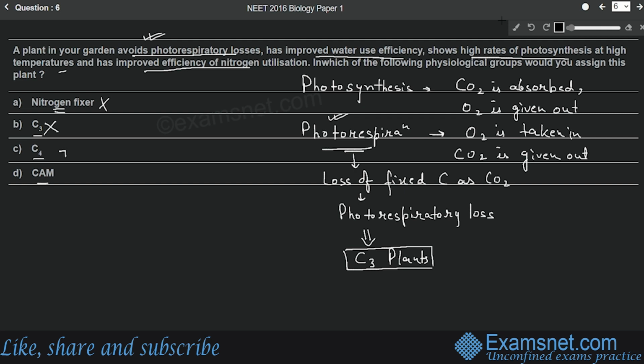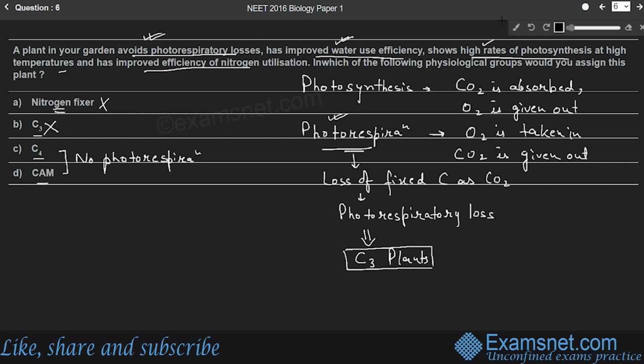Now we come to the third and fourth option, that is C4 and CAM plants. Now both of them can avoid photorespiratory losses. Okay. Photorespiration does not take place in these two types of plants. So no photorespiration. So let's move to another characteristic that is mentioned here. So this plant has improved water use efficiency.